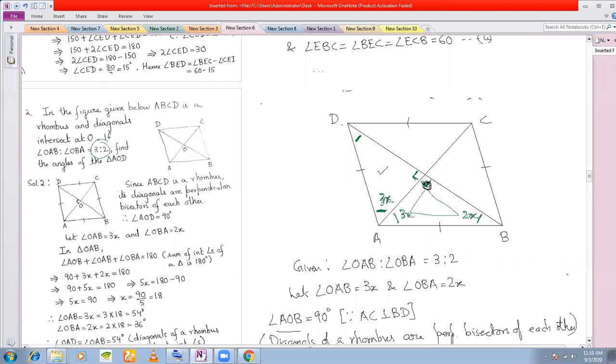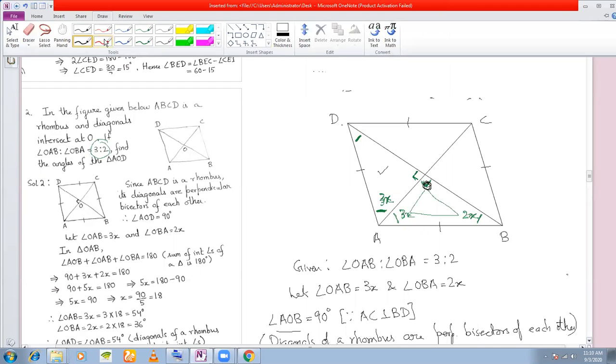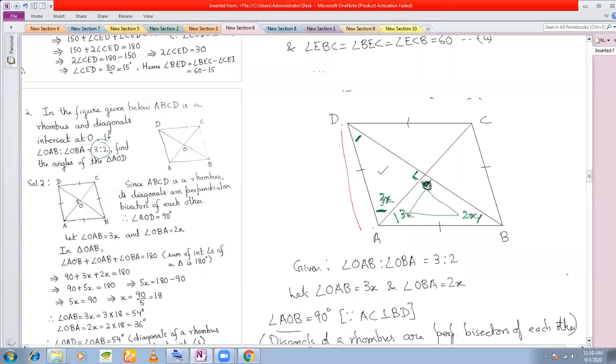What you can do is consider this to be your triangle, this one, this, and this. You can consider this triangle where you know this entire angle, right? And you know this angle. Therefore, you can find the third angle. Or what you can also do is, you know this angle 3x.